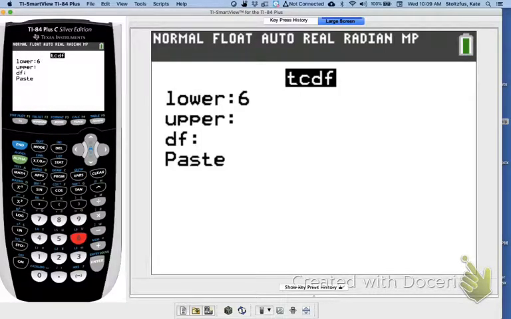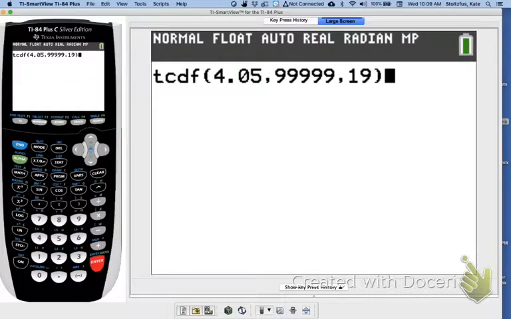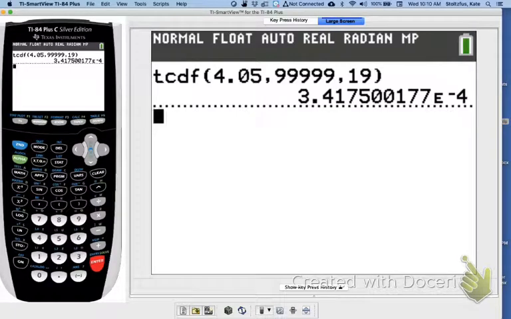My lower is -9999, my upper, actually, it depends which side I'm looking at. If I look at my right side, I will do 4.05 to 9999, many standard deviations above, degrees of freedom 19. And I get a small number.